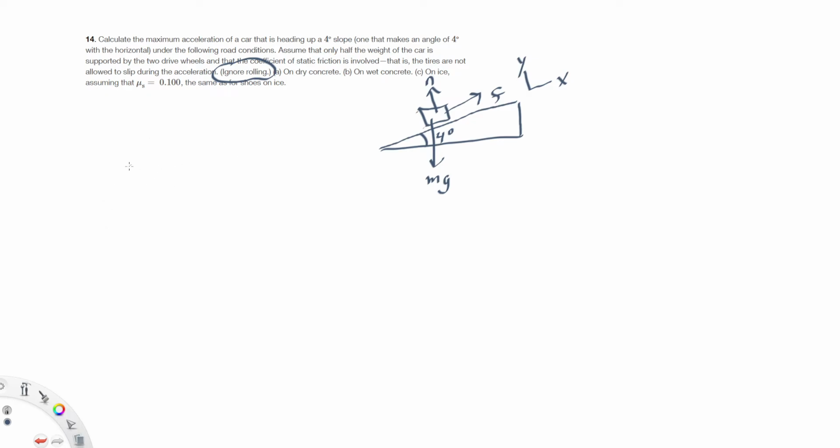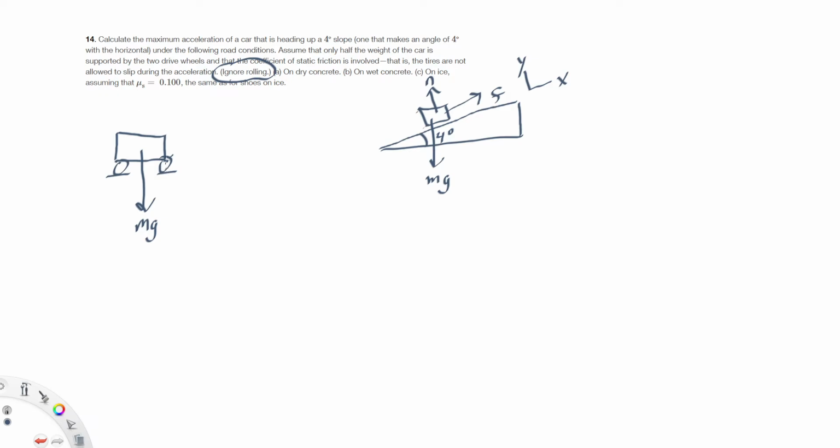Okay. So when they say that the front wheels of your car support half the weight, what they mean, say this is your car. Your car's weight goes down, right? But then your tires are touching the surface in 2 spots.